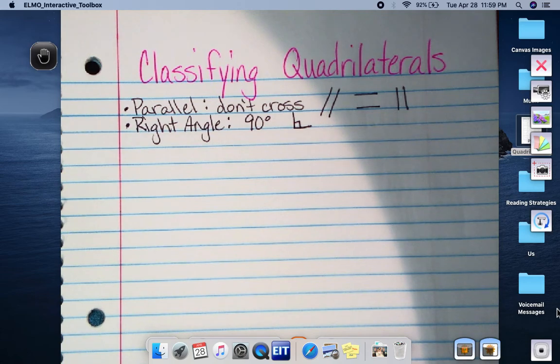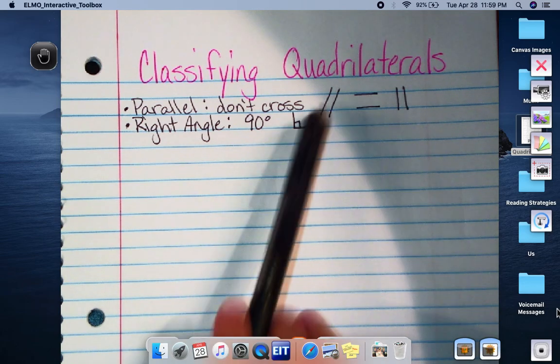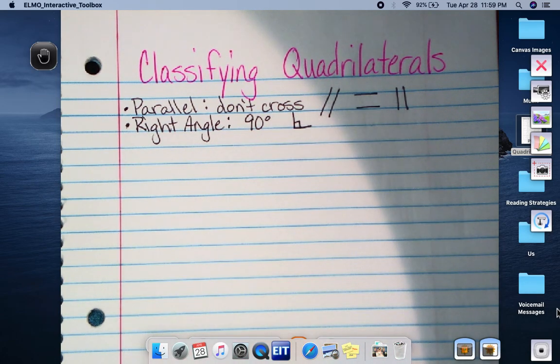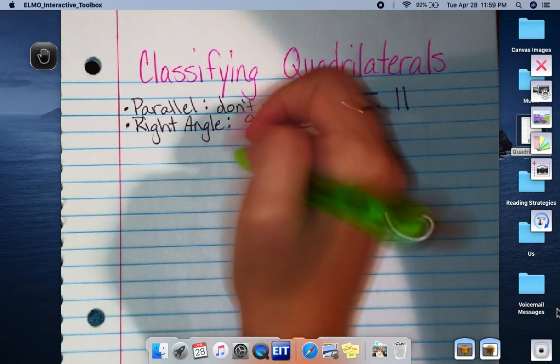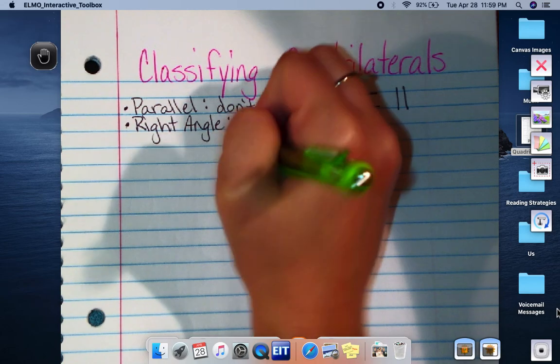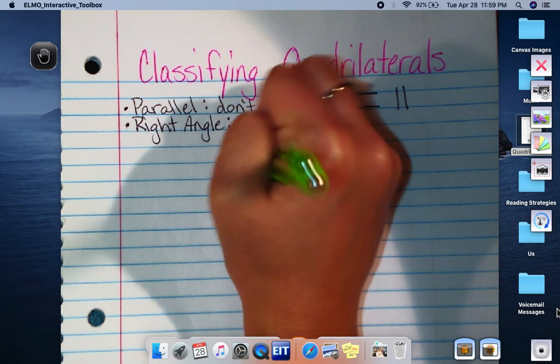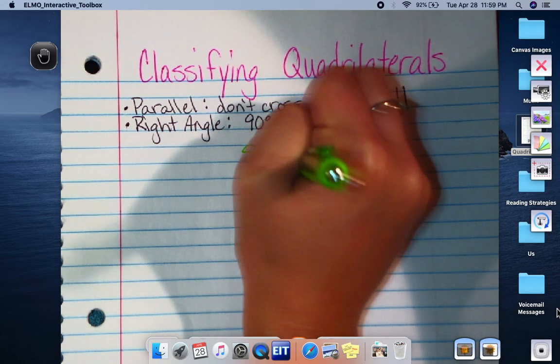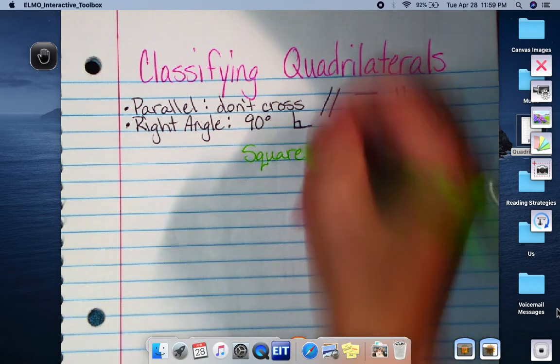Now, I'm actually going to go a little bit backwards. I'm actually going to end with overall what a quadrilateral is. To be the most specific, let's start out with a square. You know what a square looks like.